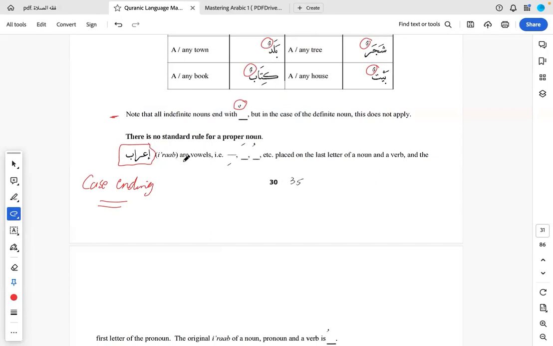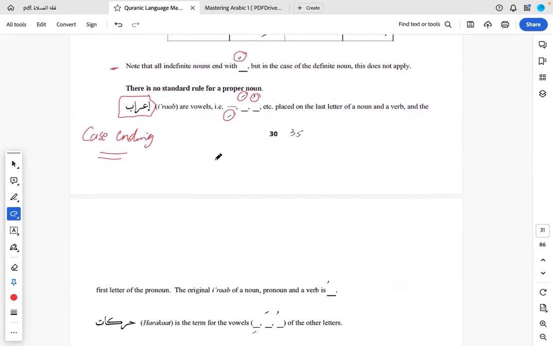So i'rab means that the word would end, when we're talking here about nouns and verbs, with a dhamma, a fatha, or a kasra only in the case of nouns. It's the same word, changing its haraka from one sentence to another based on the position of a specific word in a sentence. So these are placed on the last letter of a noun and a verb, and the first letter of a pronoun.